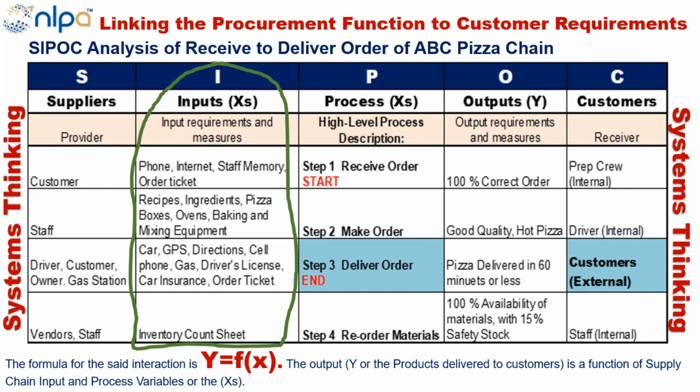So us as procurement professionals, we have to make sure that these critical inputs, the inputs that we are responsible for procuring, and in this case, it's right here on this slide. Procurement professionals will be responsible for procuring the ingredients, the boxes, the equipment. You have to make sure that the procurement person is responsible for making sure that the inventory counts are correct, especially in environments like this.